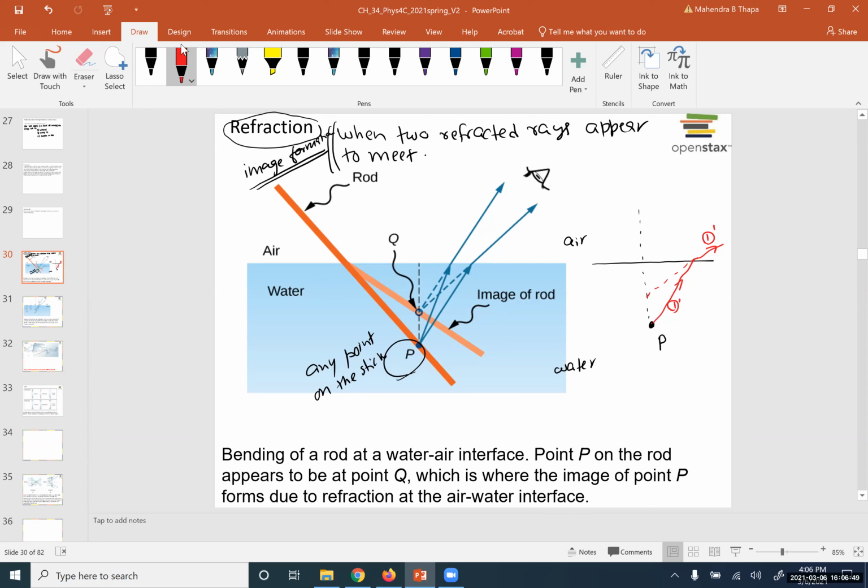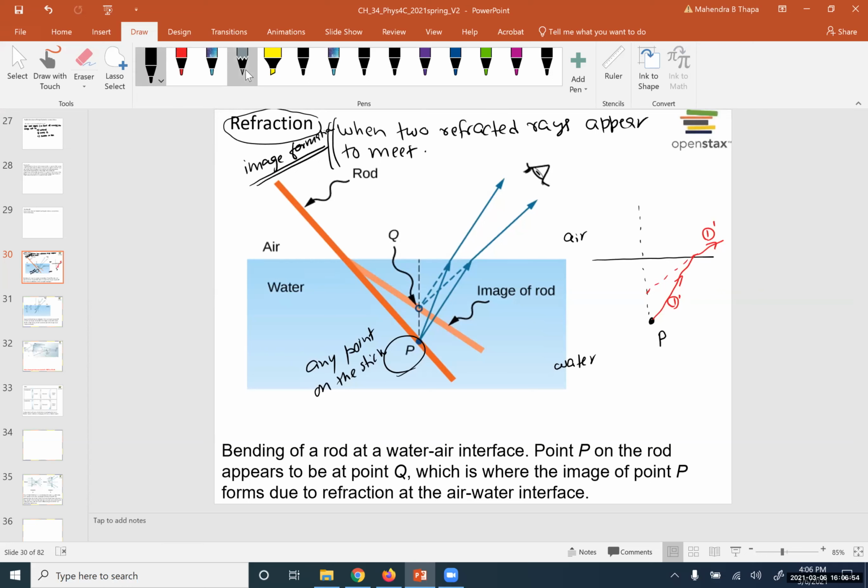I will consider the other ray, say 2 prime. I can take any one, say this one. This is my 2. This is my first incident ray, this is my second incident ray. If it goes to the air, it will bend like this.